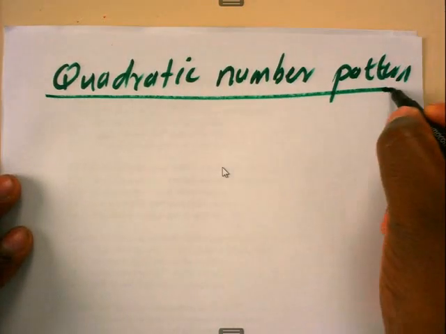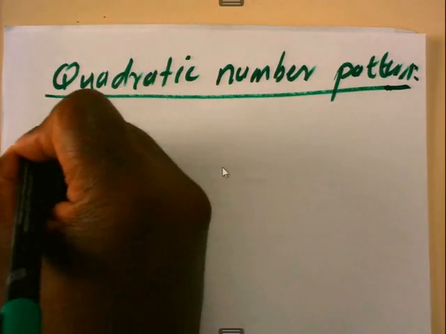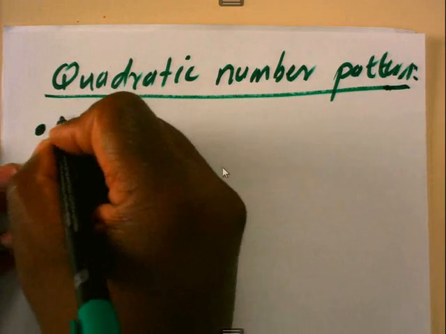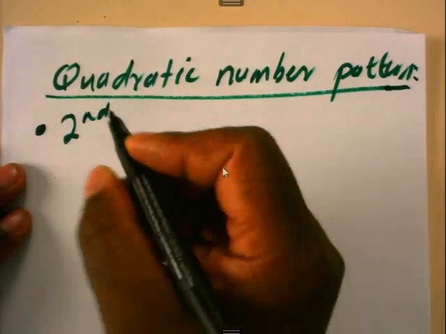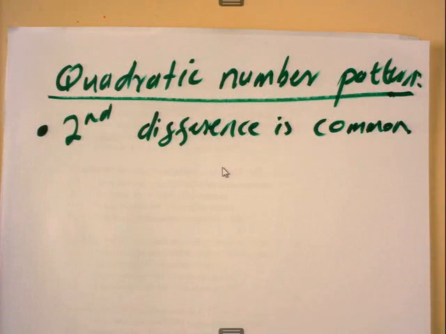What is important about the quadratic number pattern is that the second difference is common. It's very much important to know that. Remember, in the linear number pattern, we said the first difference is common. So, in a quadratic number pattern, the second difference is common.